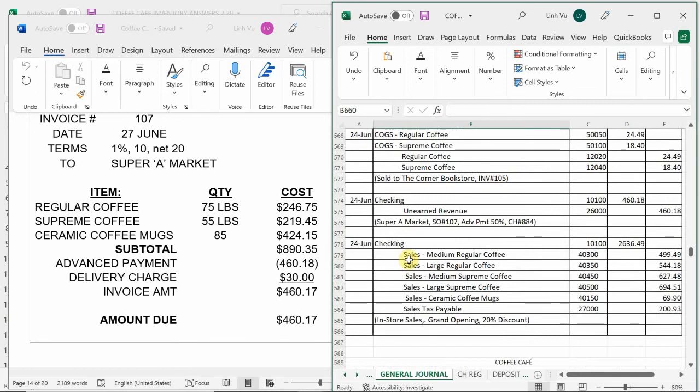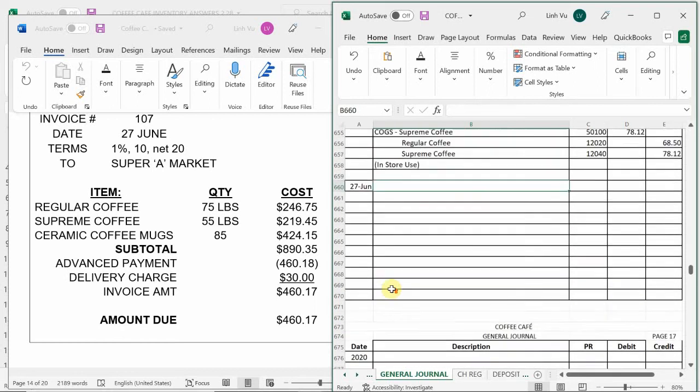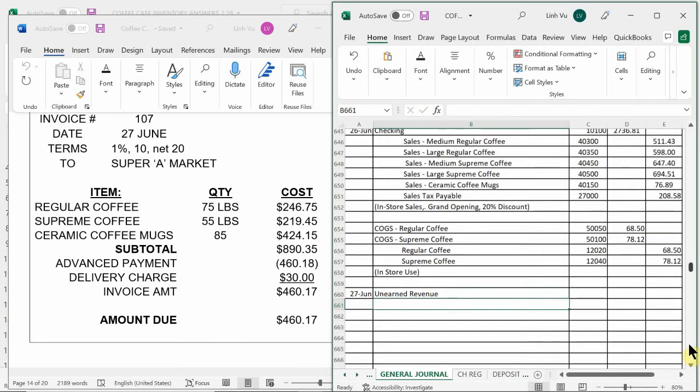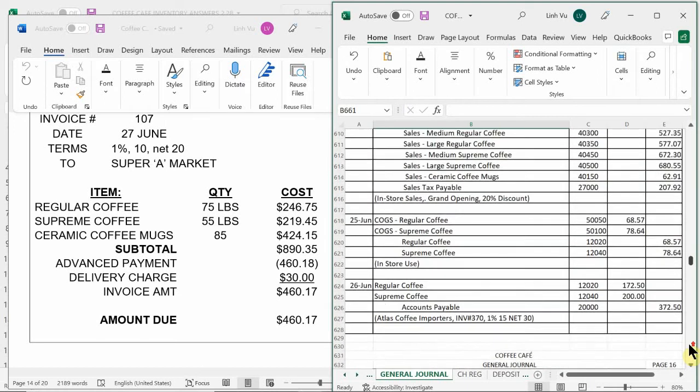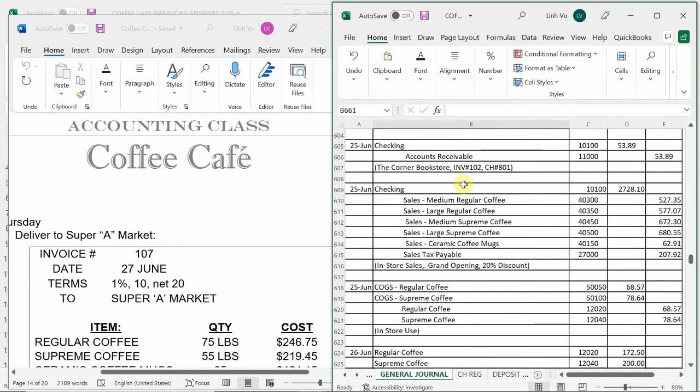So in this case, unearned revenue, which is account number 26,000, is going to be the first thing I'm going to recognize here, okay? There is an unearned revenue, okay? And of course, the standard, you got the purchase of the regular coffee and the Supreme coffee by the pound.